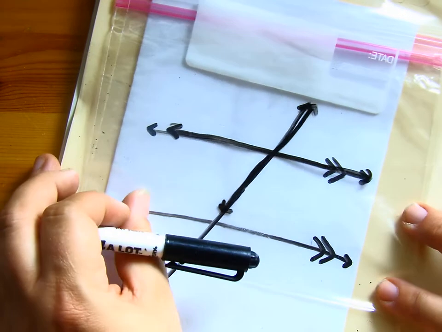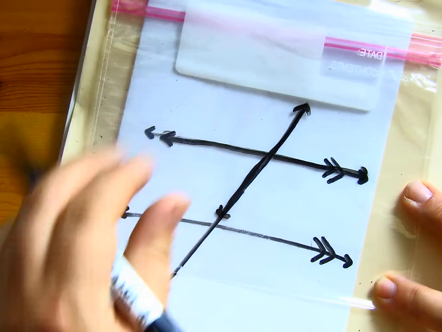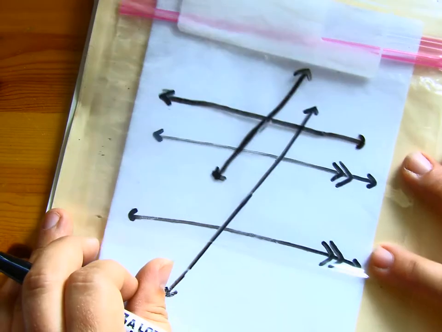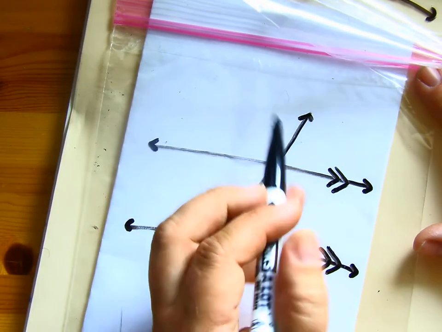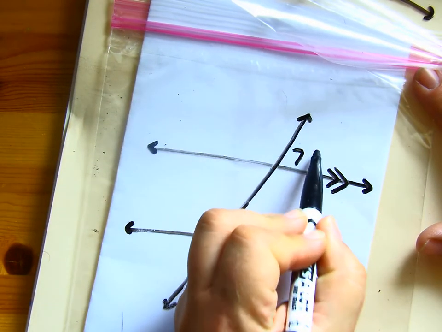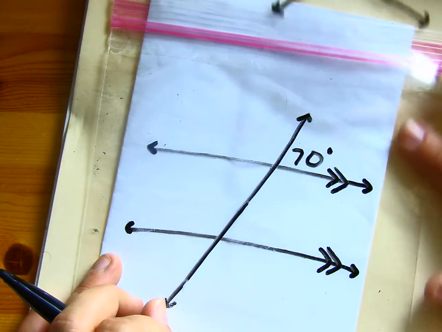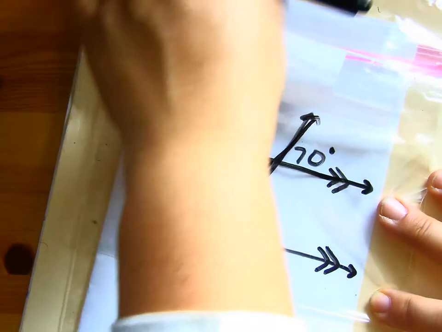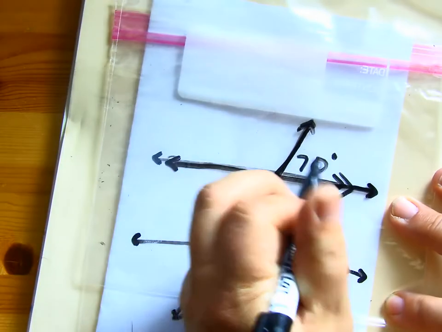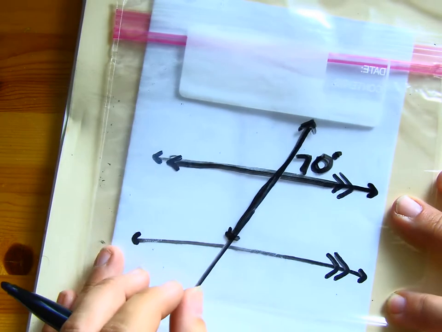Okay. So we have our lines that are set, and these two now are parallel and congruent to each other. Excuse me. So let's say this is, well, let's go ahead and use 70 degrees. Okay, well, if that's 70, then this one is 70 degrees.